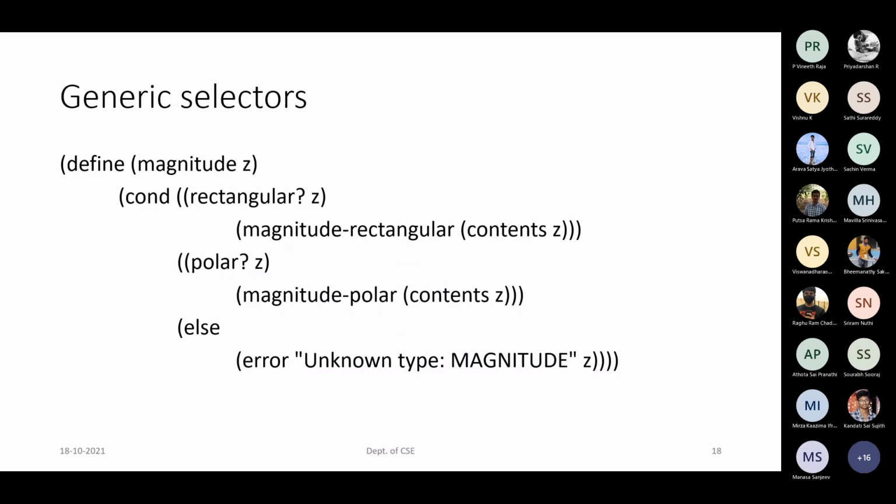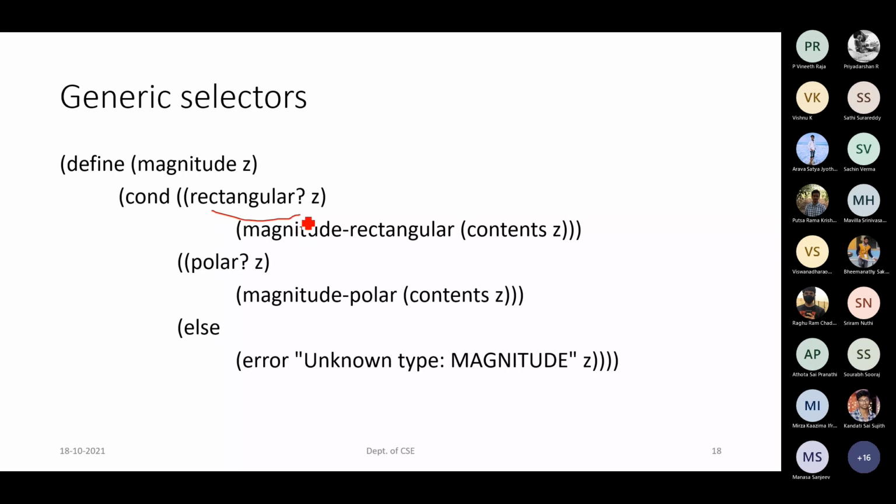Similarly, for magnitude. Whenever you have the magnitude, here also we have to decide, based on the complex number, whether we have to call the magnitude of rectangular procedure or magnitude of polar procedure. How we can make a decision is based on this condition.